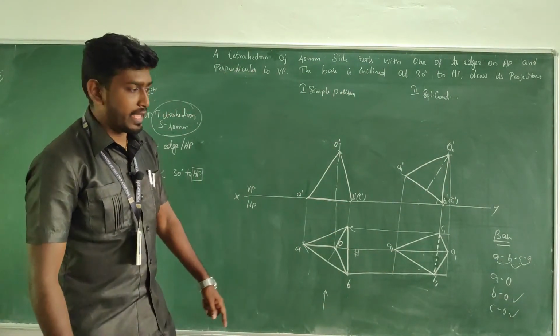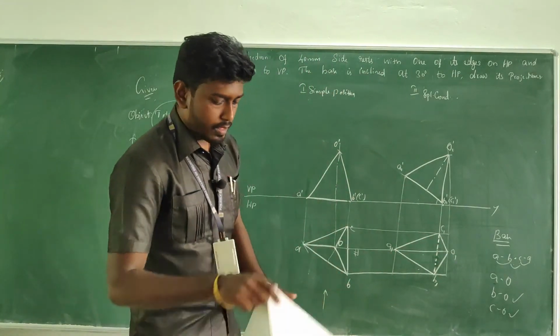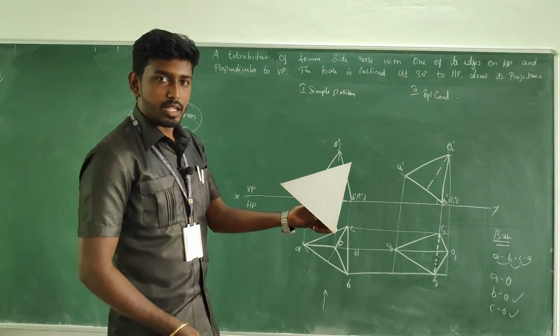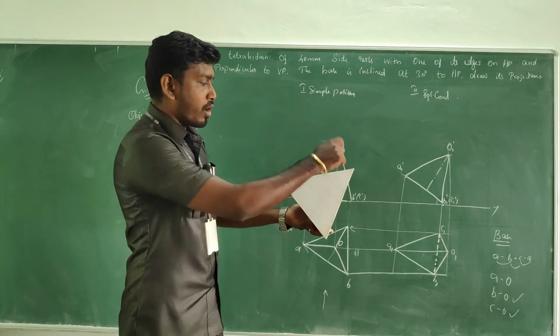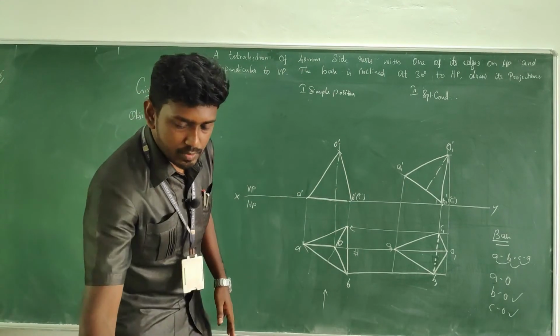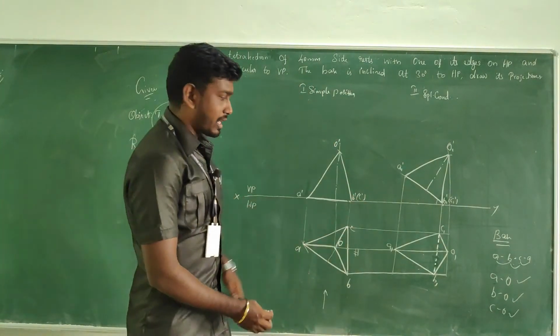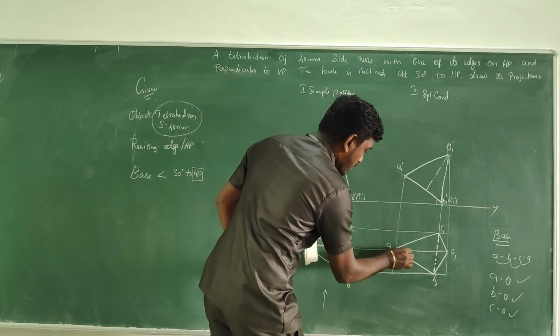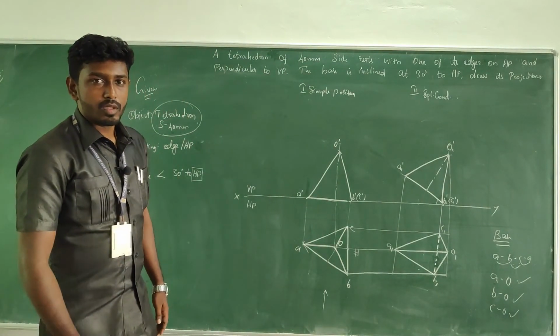One is remaining, the edge A to O. The object is being kept like this. The notation is A, B, C and this is O. A to O, is it possible to view it from the top? Yes, it is possible, right? So A to O should be a dark line.